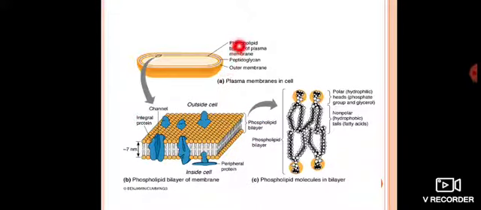So here we can observe the different layers. Externally it is the cell wall, and the inner part is the phospholipid bilayer of the plasma membrane. Here we can observe the innermost part, that is the bilayer plasma membrane. The outer part is the peptidoglycan, where our exact cell wall is present, and the outermost part is the outer membrane. So there are three different layers we can observe.